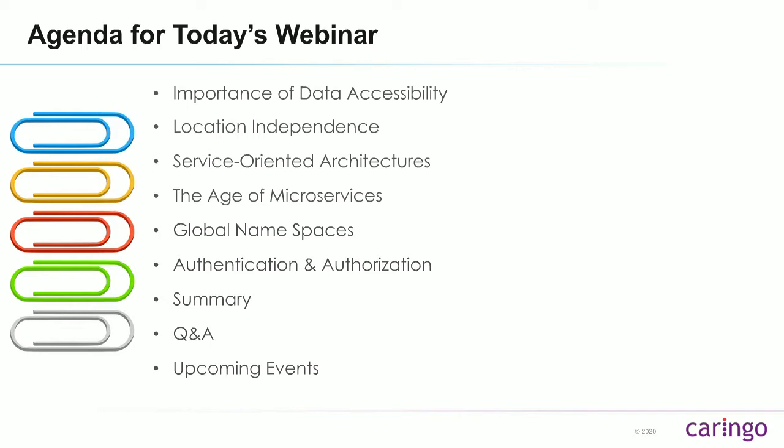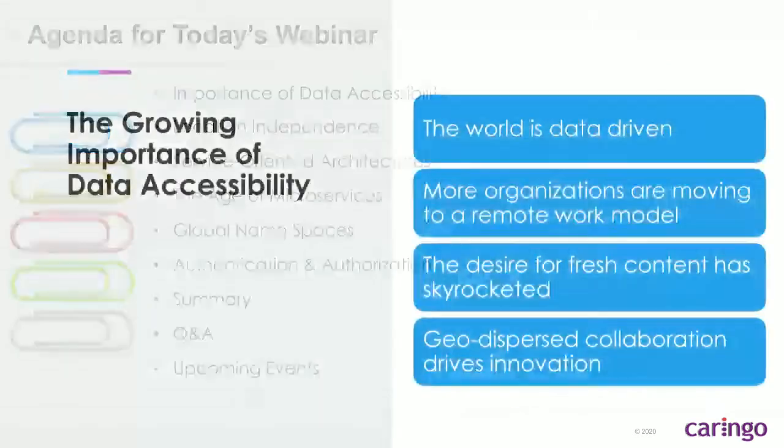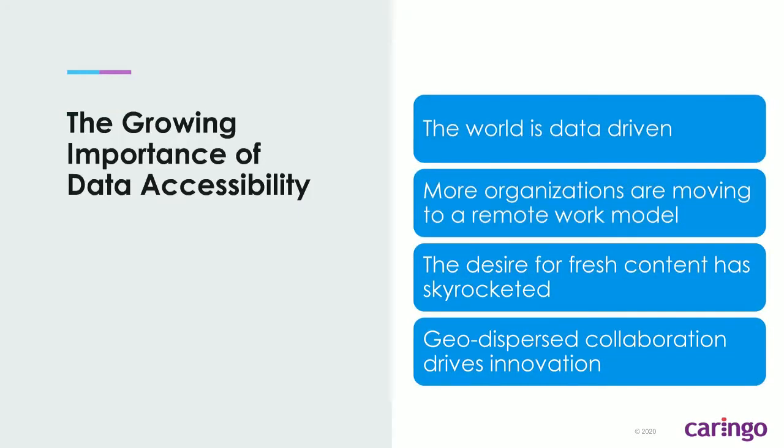So we'll go through location independence and service-oriented architectures, the way that application data has really evolved and gone forward. Without further ado, data access and accessibility is more important than ever.